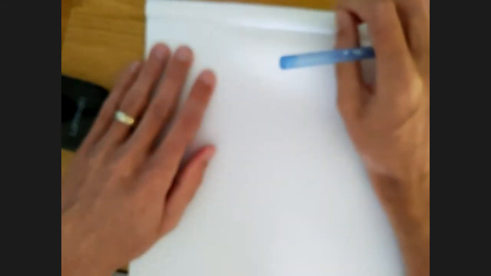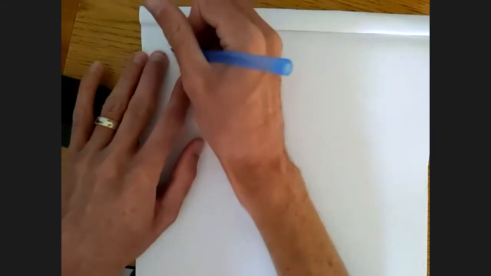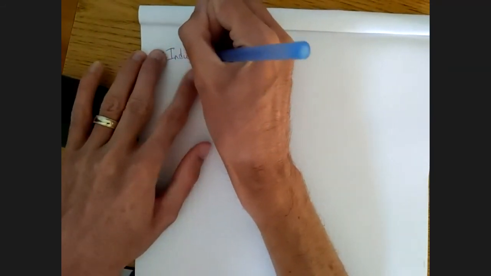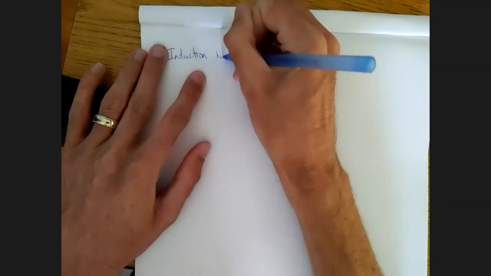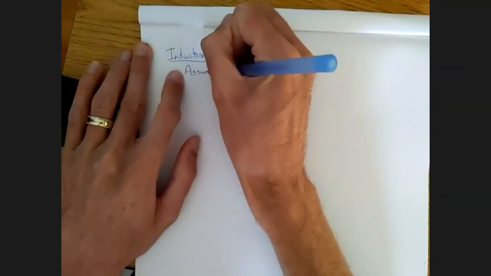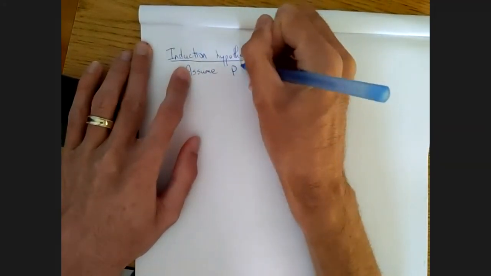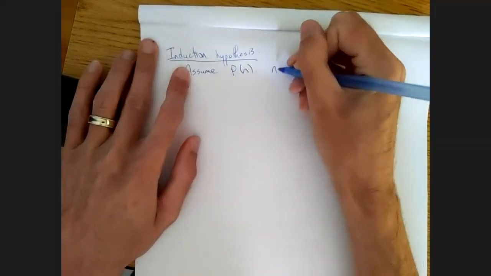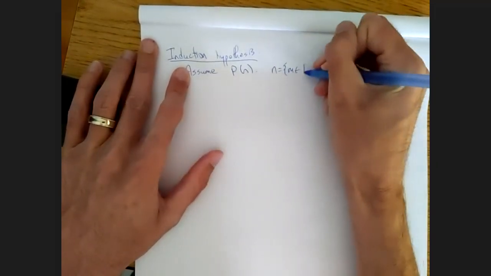That can help. Okay, so we did the base case. What about the induction hypothesis? Assume P of n, which means assume that n is the set of all natural numbers that are less than n.